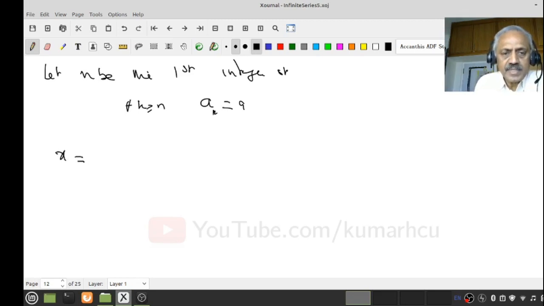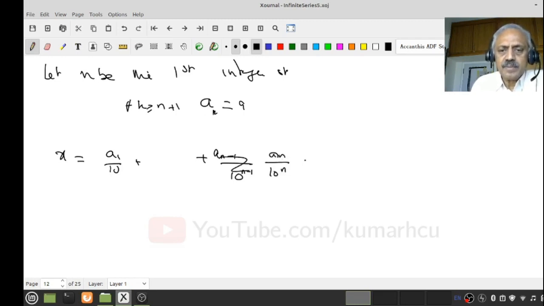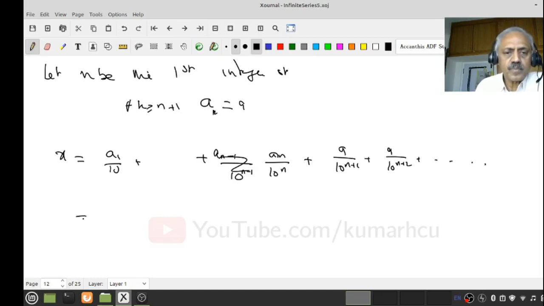Therefore let me write x as a_1/10 plus up to a_n/10 to the power n, plus 9/10 to the power n+1 plus 9/10 to the power n+2, and so on. All a_k for k greater than or equal to n+1 is 9.